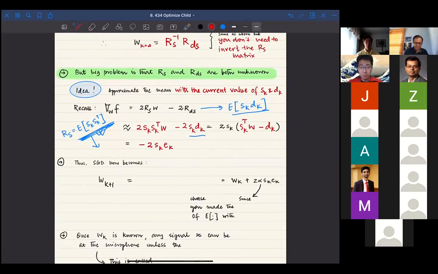You basically say wk plus 1, which is I'm climbing down the hill, right? W is basically the domain of the function. So wk plus 1, someone tell me what should I write here? Equals the previous wk, then minus my step size, alpha, and which direction should I climb down?